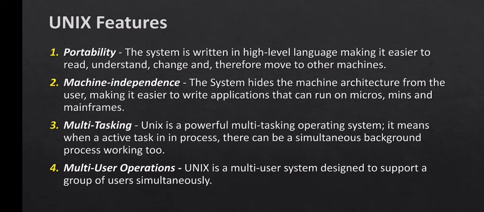The code can be changed and compiled on a new machine. Customers can then choose from a wide variety of hardware vendors without being locked in with a particular vendor.